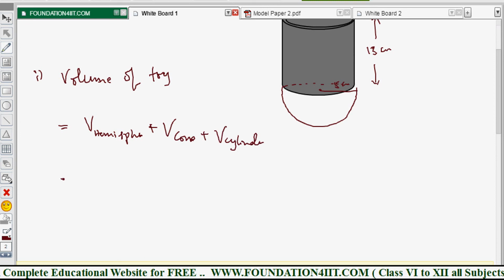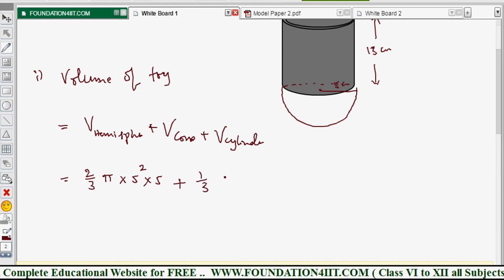This is all we need to add. So volume of hemisphere is 2 by 3 pi r cube, right? So directly I am writing the solutions here. 2 by 3 pi r cube, r square is 5 square into 5. One more 5 took. Next step and cancel.